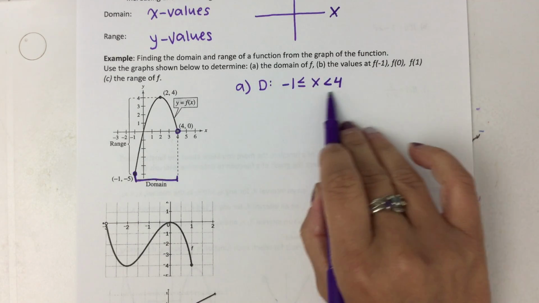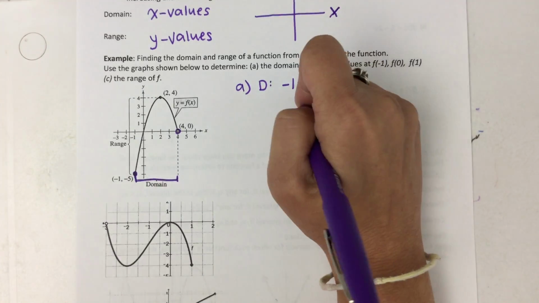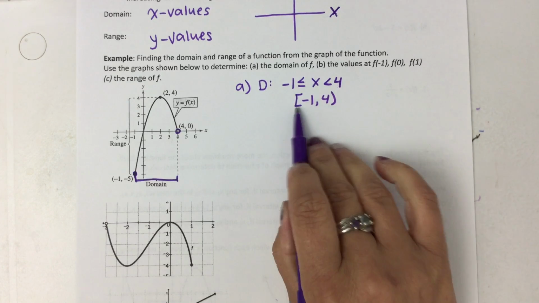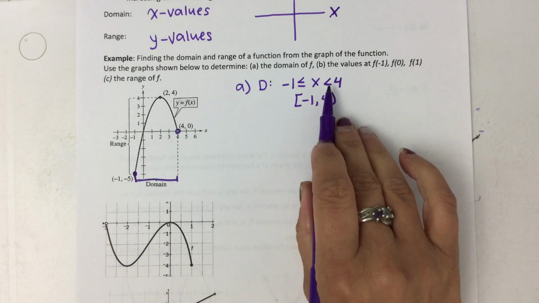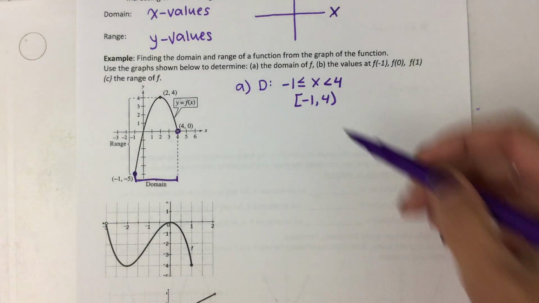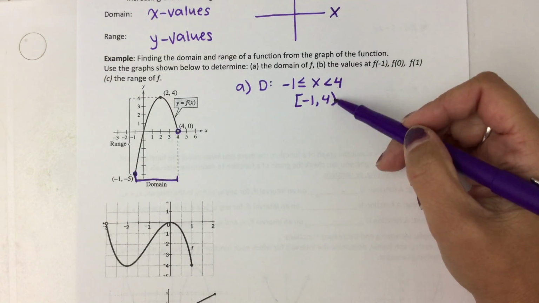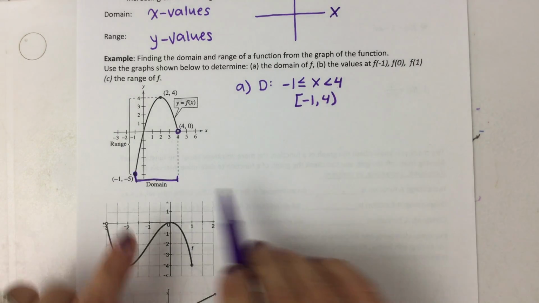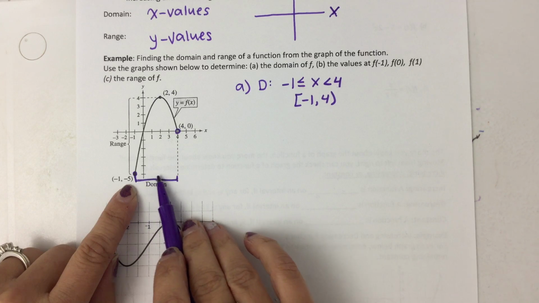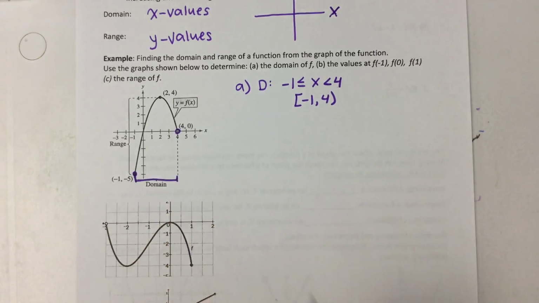You could write it as an inequality, or remember that interval notation. If you have a squared bracket, it means that it's included. If you have a rounded bracket, it means that it is not included. These two things mean the same thing. It tells you that your domain, the smallest value is -1, and all the x values run up to but not including 4.